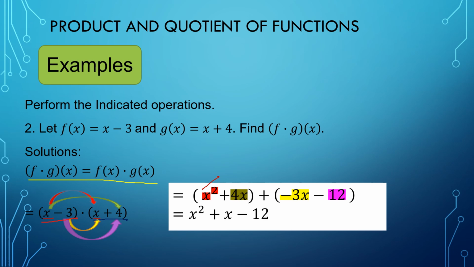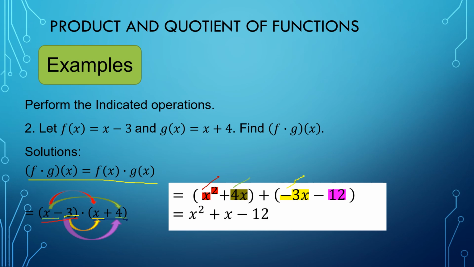The next, the green one, so we have x times 4, so that is 4x. Then next we have negative 3x, the yellow one, so we have negative 3 times x, and that is negative 3x.